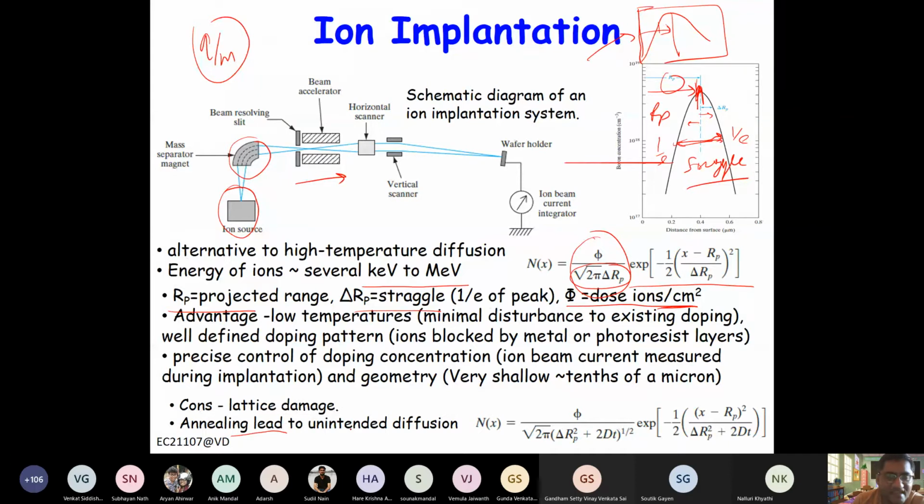And this annealing, of course, will lead to some diffusion. So it has some positive and negative points. The positive points we have already discussed: it's a low temperature process, you can precisely control the doping concentration and the geometry, and you can do shallow doping also.